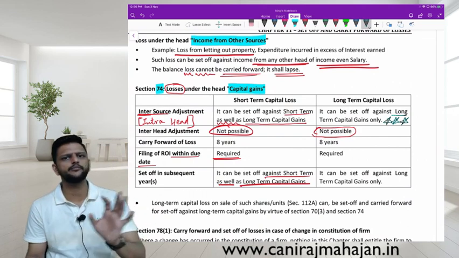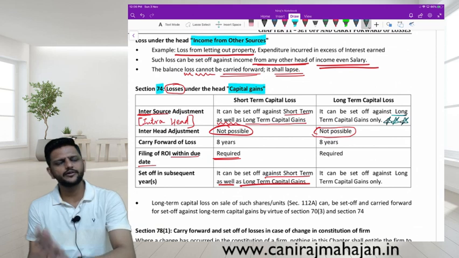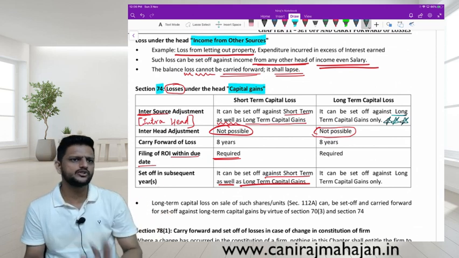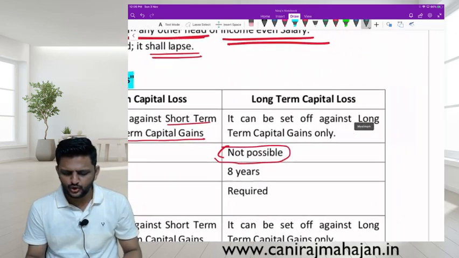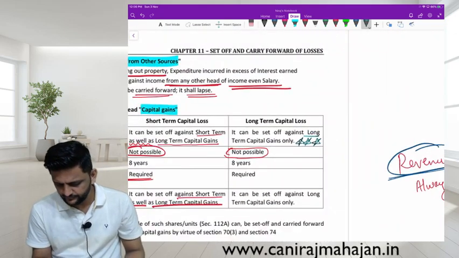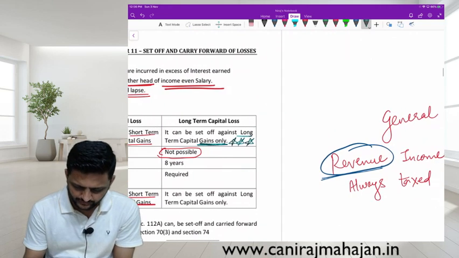Long term is like the big brother, and short term is like the small brother. The small brother can go crying to the big brother. The big brother will not go crying to the small brother. Check. So long term capital loss can be adjusted only against long term capital gains. Okay.